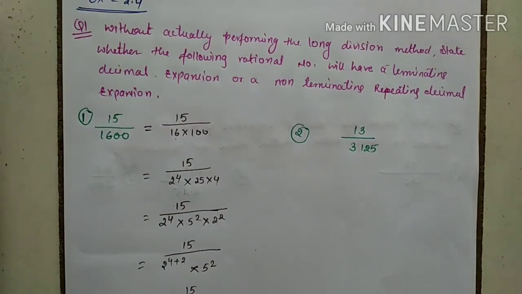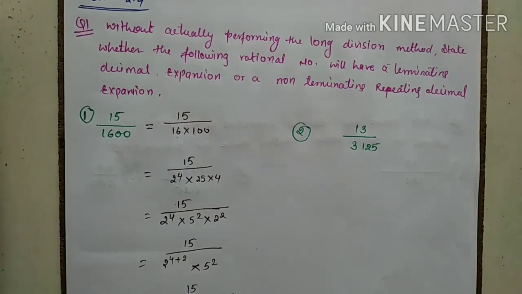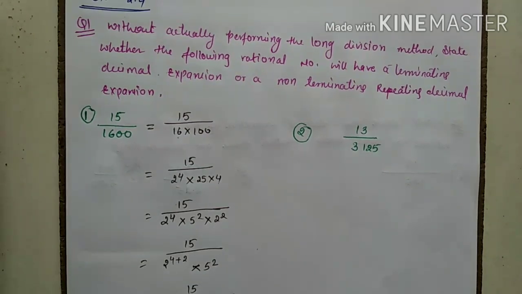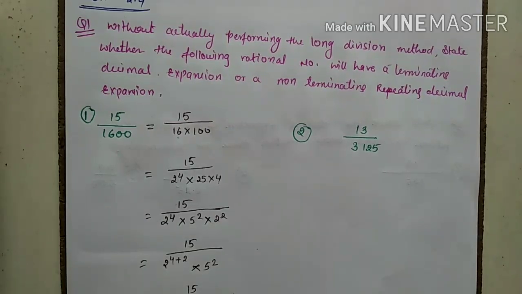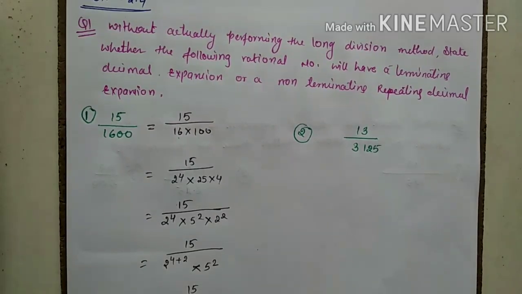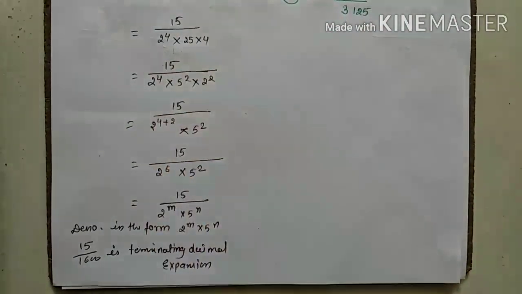Denominator is in the form of 2 to the power m into 5 to the power n, so that 15 by 1600 is a terminating decimal expansion. Correct or not? Yes.